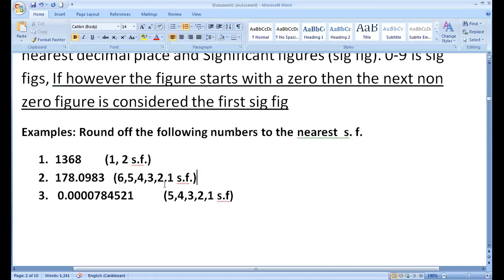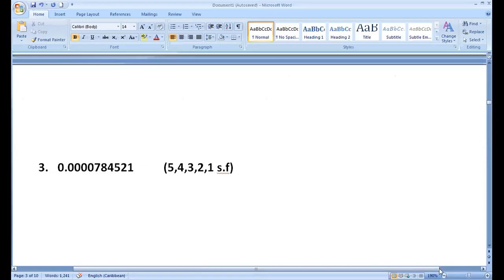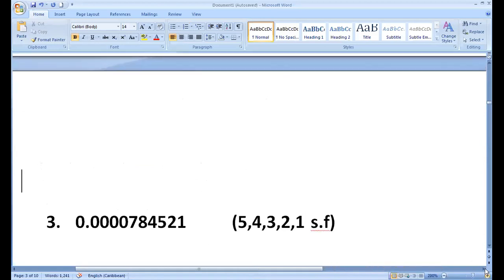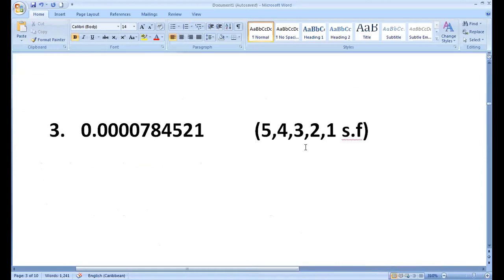All right. So as you can see, for question number 3, if I'm asked to round this off to 5 significant figures, I wouldn't start here. You follow? I would start at the 7 and say 0, 1, 2, 3, 4, 5.